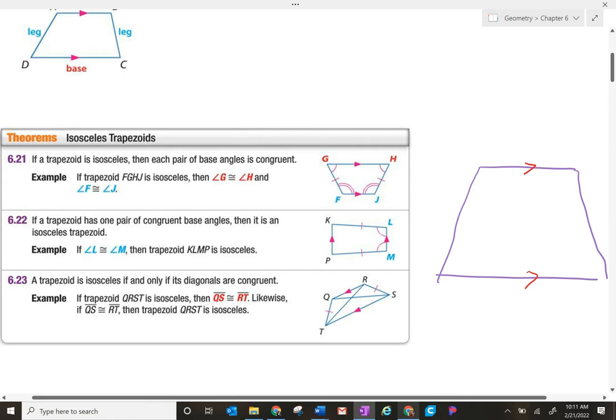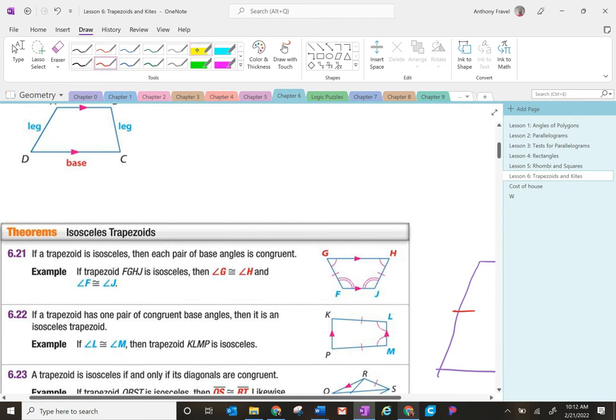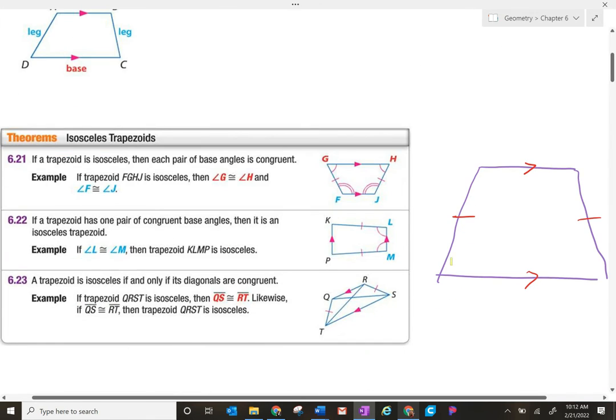Okay, if I have an isosceles trapezoid, similar to some of the other ones we had, this length and this length will be exactly the same. I'm going to use some highlighter rules again. This angle and this angle will be exactly the same.